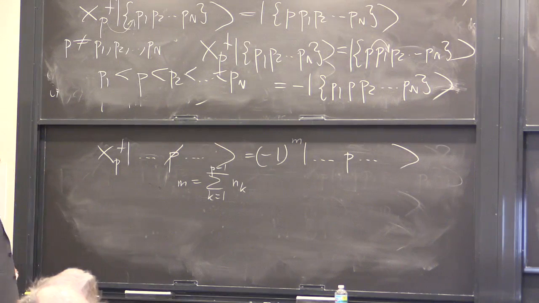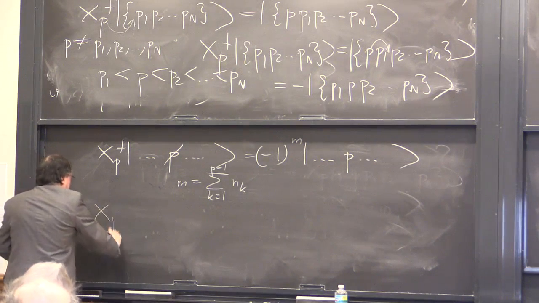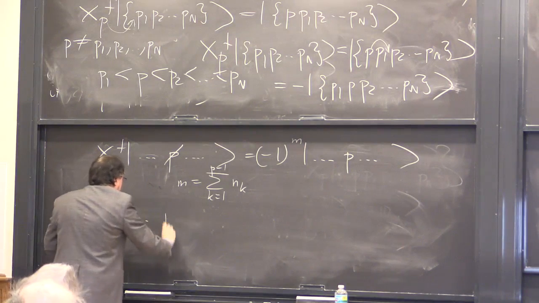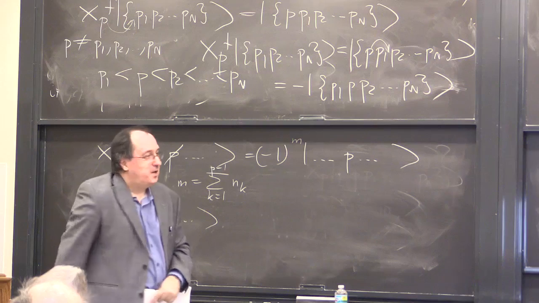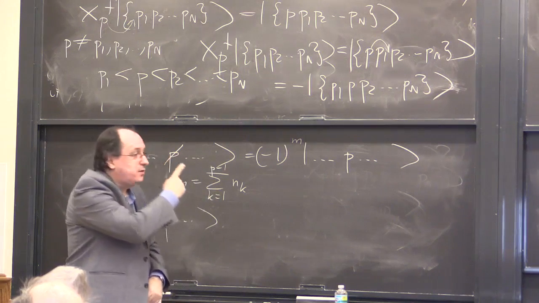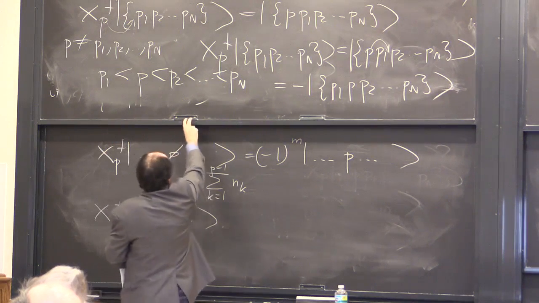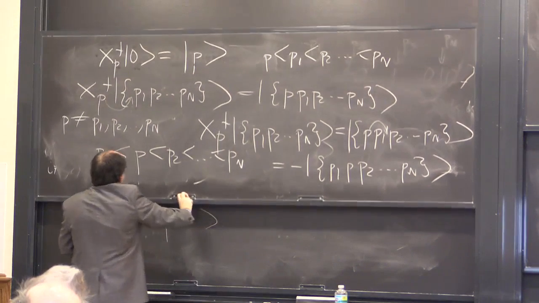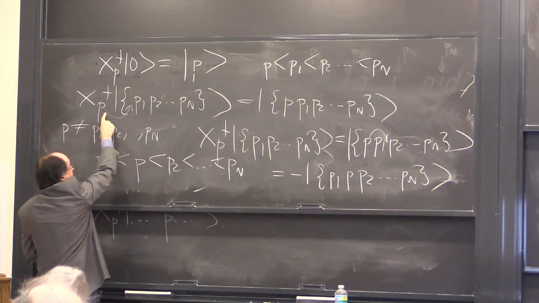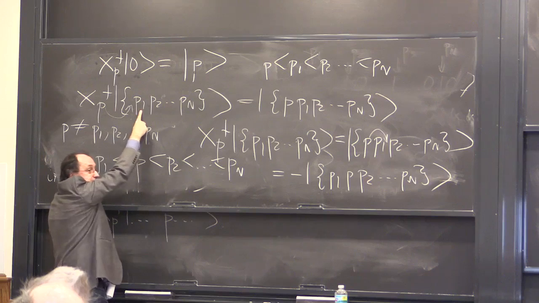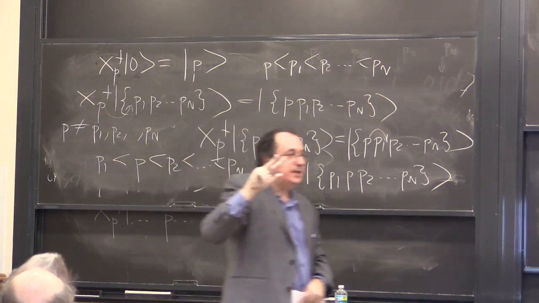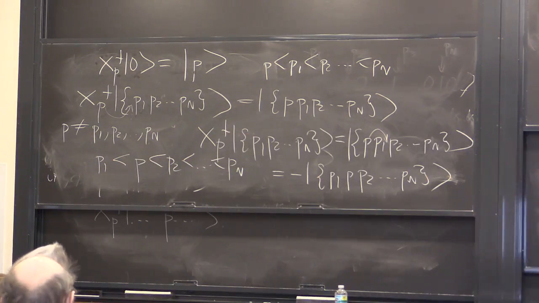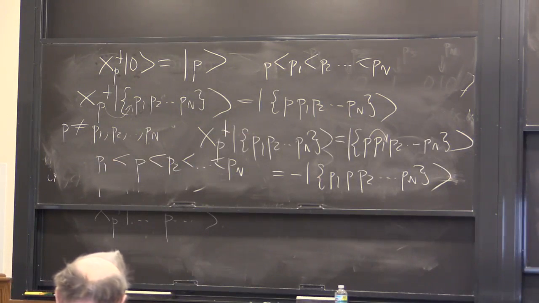Now the question of course is the following. What if I'm trying to stick a particle where it's already occupied? Well, you can go back to our determinants. What if I tried to apply x_p dagger where p was right here already? You would end up with a determinant with two p's in it. But that's 0, because a determinant with two identical rows is 0.